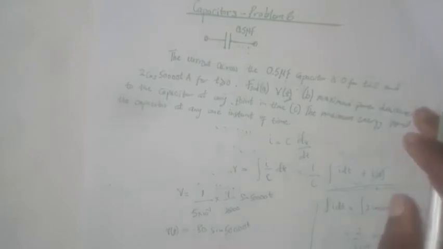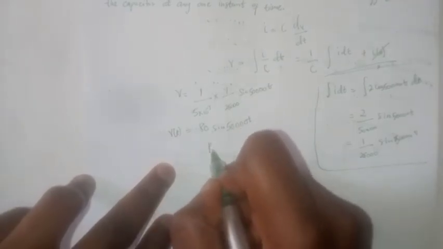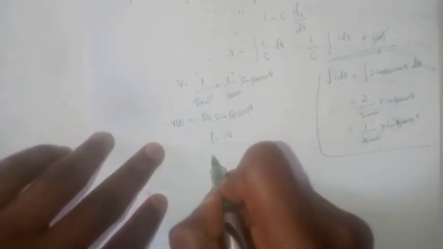Next, we are required to find the maximum power delivered to the capacitor at any point in time. To do that, we know that power p is equal to iv. So we know the current 2 cos 50,000t and the voltage 80 sine 50,000t.